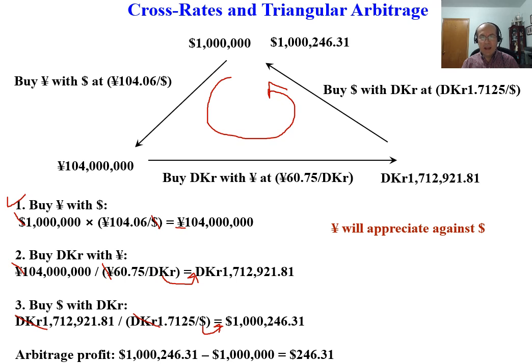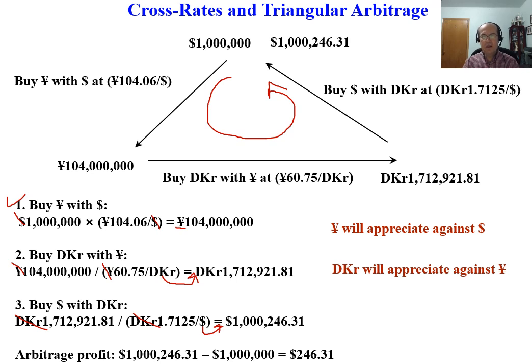Then what happened next? Then we buy Danish krona with Japanese yen. Recall that originally Danish krona was undervalued, but now we increase the demand for Danish krona. So Danish krona will appreciate against Japanese yen because we increase supply of Japanese yen and we increase demand for Danish krona. So the currency for which we increase demand will appreciate against the currency for which we increase supply.